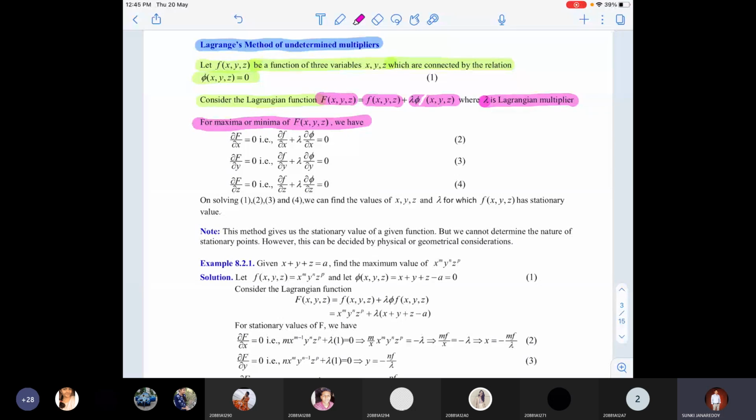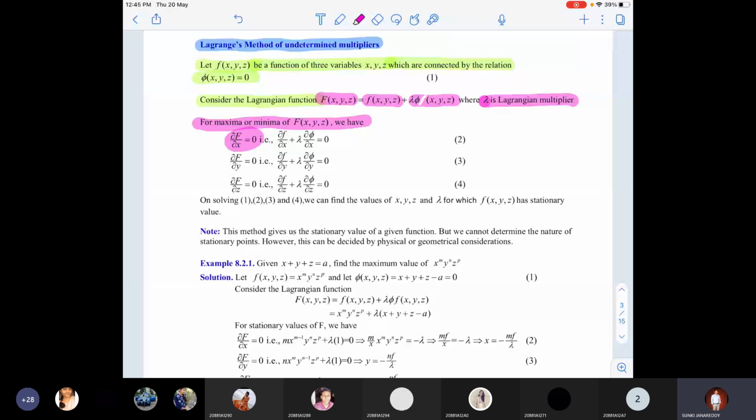If we know the Lagrangian function, then for minima or maxima we should use these conditions, same as minima and maxima for two variables. In two variables also we already used these types of conditions.